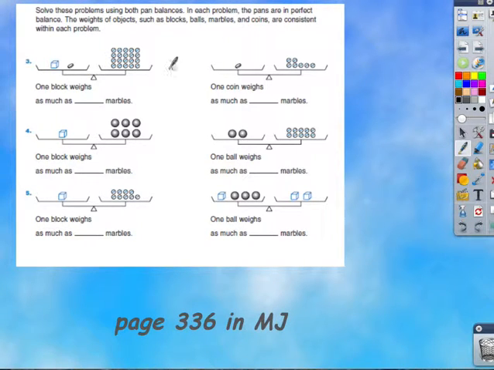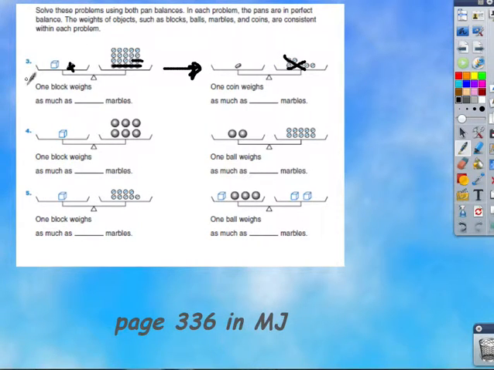And this second pan balance is giving aid or help to us with that. So it said that one coin is equal to 1, 2, 3, 4, 5, 6, 7 marbles. So if I cross off 7 marbles here, and if I cross off 7 here, okay, 7 marbles is equal to a coin, so I can cross off the coin.